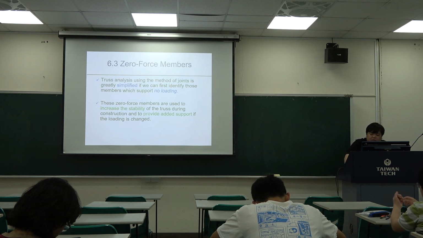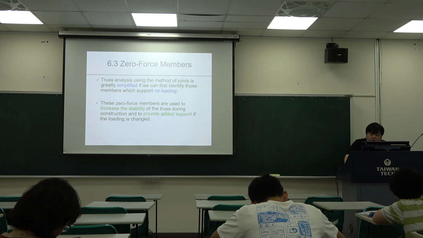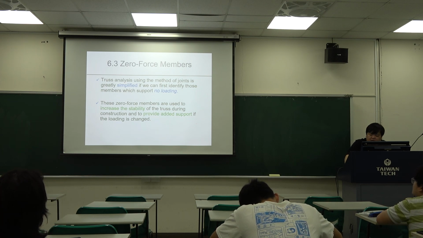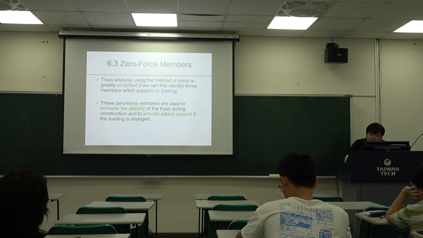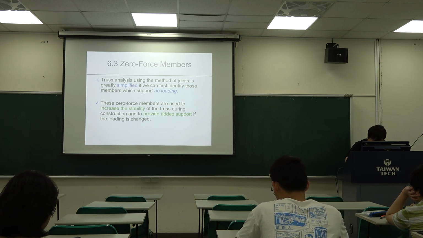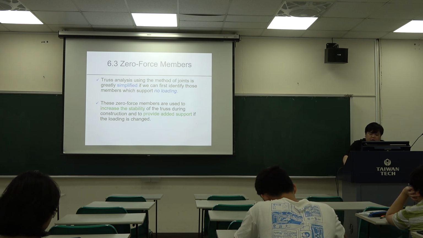Let's move on to introduce the zero force member. Truss analysis using a member or a joint is greatly simplified if we can first identify the members which carry no load, called zero force members.